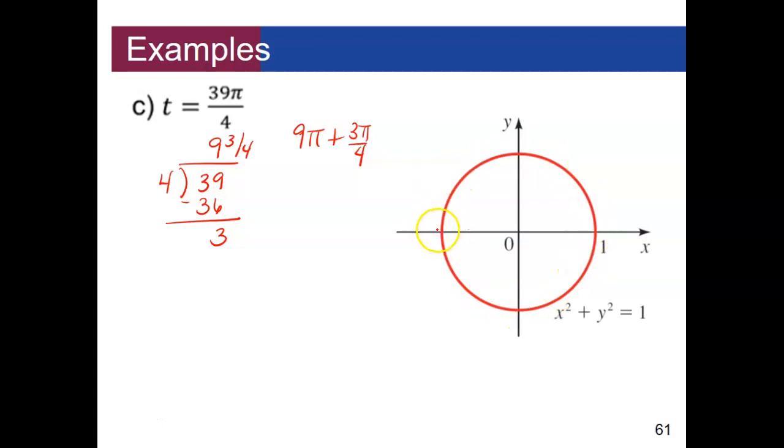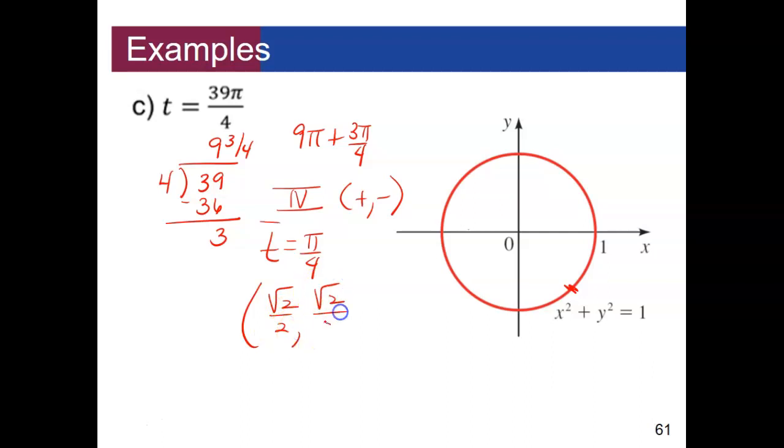So 9 pi is here. I'll go 3/4 of the way more. So this is another fourth quadrant, so another positive negative. We know that the reference number is pi over 4. So we're going to have square root of 2 over 2 and the square root of 2 over 2, and that's going to be a positive and a negative. So here we have our terminal point.